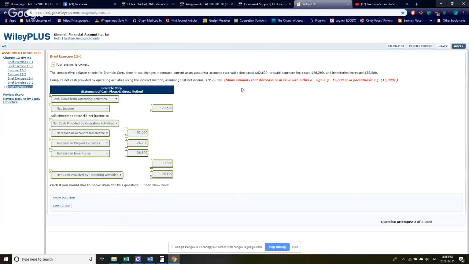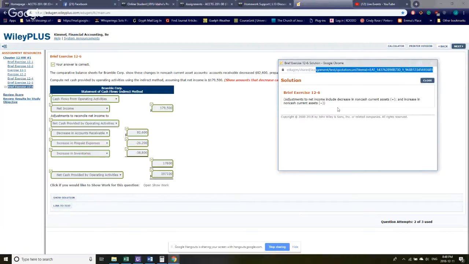As you go to the solution right here, it gives you a better explanation. It says adjustments to net income include a decrease in non-cash current assets, which is a plus.